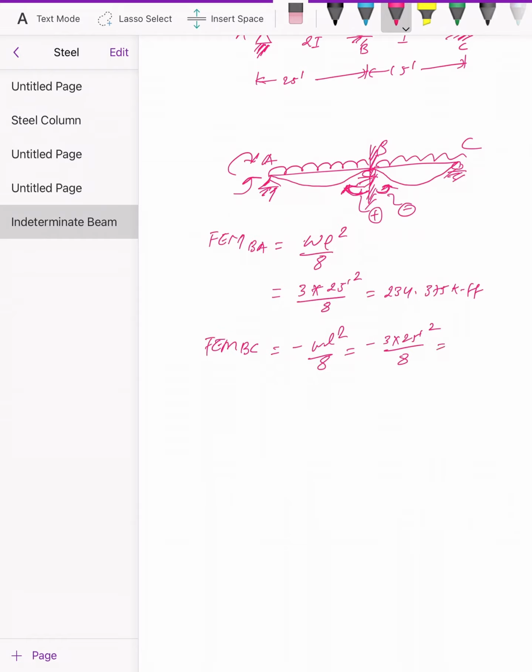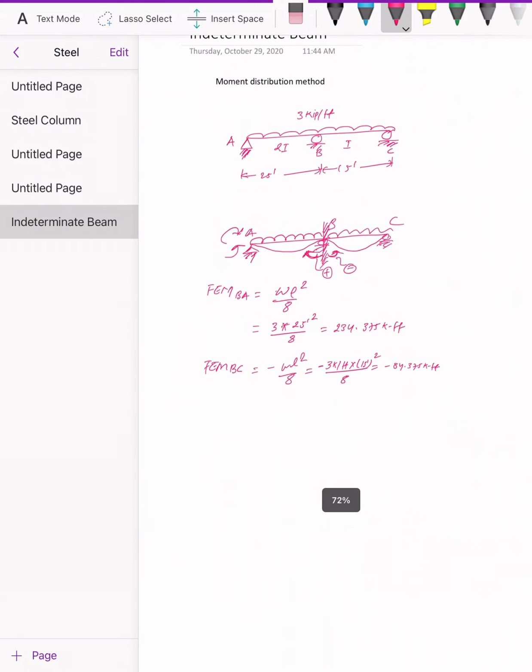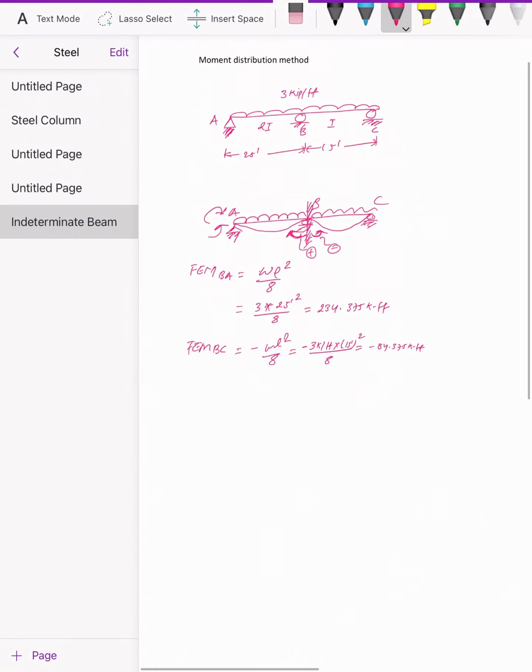Now we have a different length here. This is 15 feet, so it's minus 3 kips per foot times 15 feet squared over 8, which gives us minus 84.375 kip-feet.